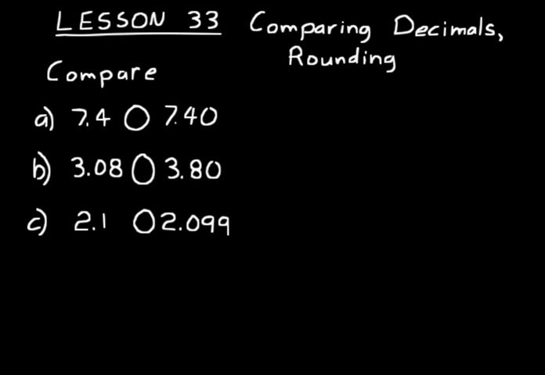On practice problem A, 7.4 is the same thing as 7.40. When you have a trailing zero, or they might call it an extraneous zero or an extra zero on the end, you're not concerned about that for your answer. Remember, when you're dealing with money, you always have two decimal places.